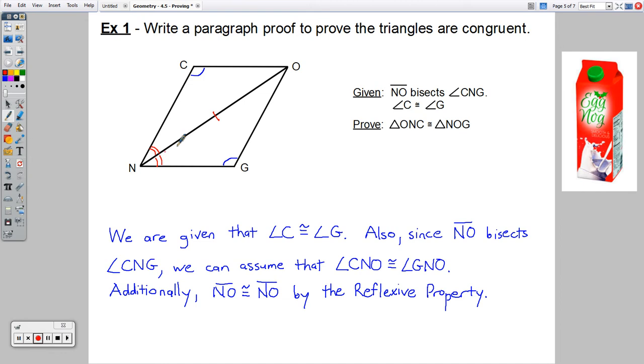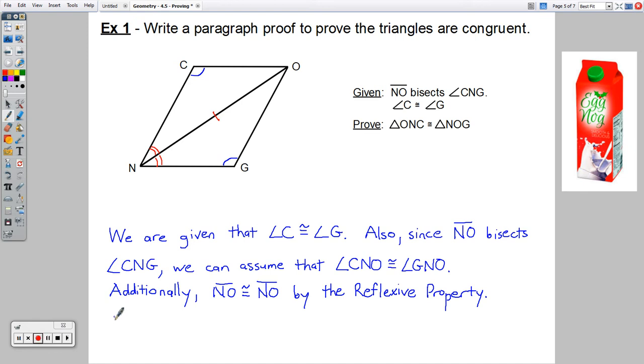So I have angle, angle, non-included side, angle, angle, non-included side. Remember, I don't go around this way because I'd be skipping two things. I'd be skipping a side and an angle. So you can only skip one thing at most. Angle, angle, side. So we've got what we need. We've gotten everything that we needed to say to prove that the triangles are congruent. We don't need to prove all 6 parts.